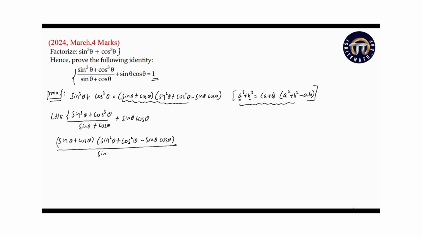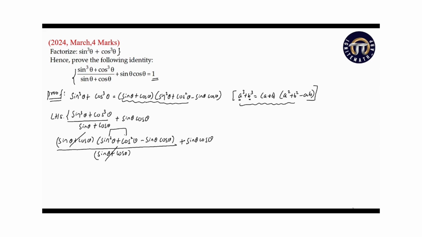I am going to keep the denominator as it is, that is sin theta plus cos theta, and over here I am left with sin theta cos theta. Right, so here this sin theta cos theta and sin theta cos theta will get cancelled.